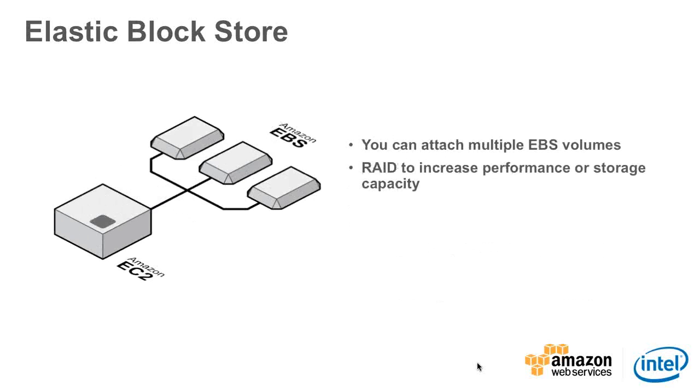What is another interesting feature of Elastic Block Store? You can create multiple volumes, and those multiple volumes can be attached to one single virtual server, one EC2 instance. This is interesting if you want to run a software RAID to increase performance or even increase the storage capacity of the volumes that you're running.